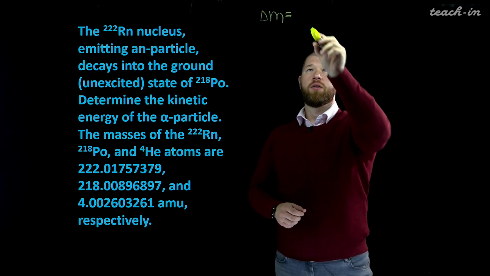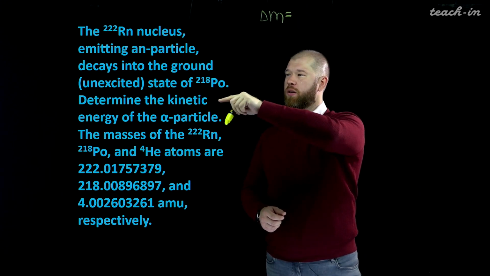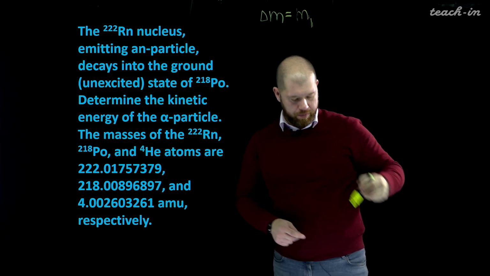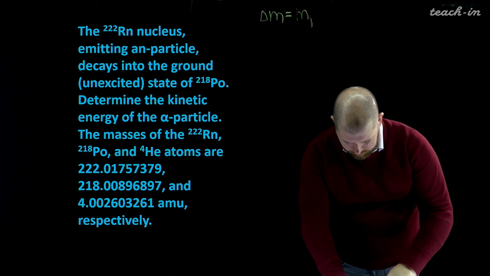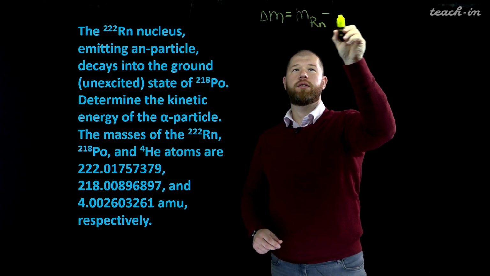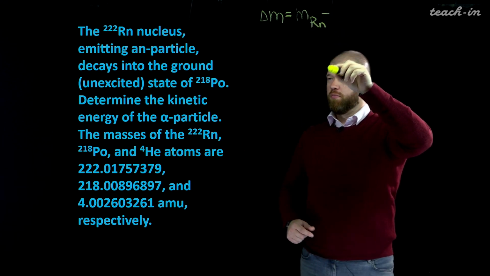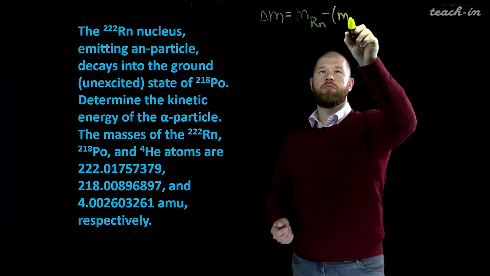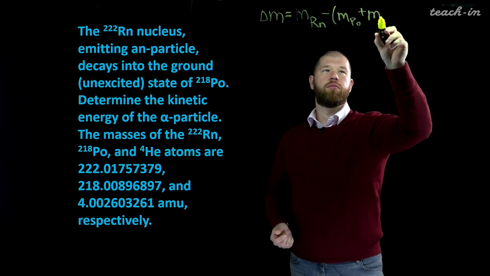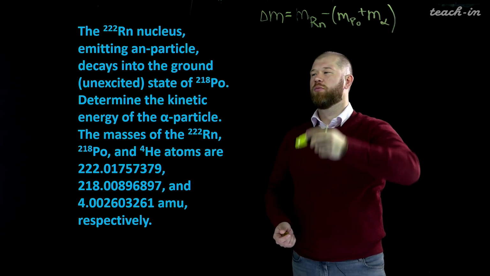So it will be mass of radon minus mass of polonium and mass of alpha particle, or helium-4.